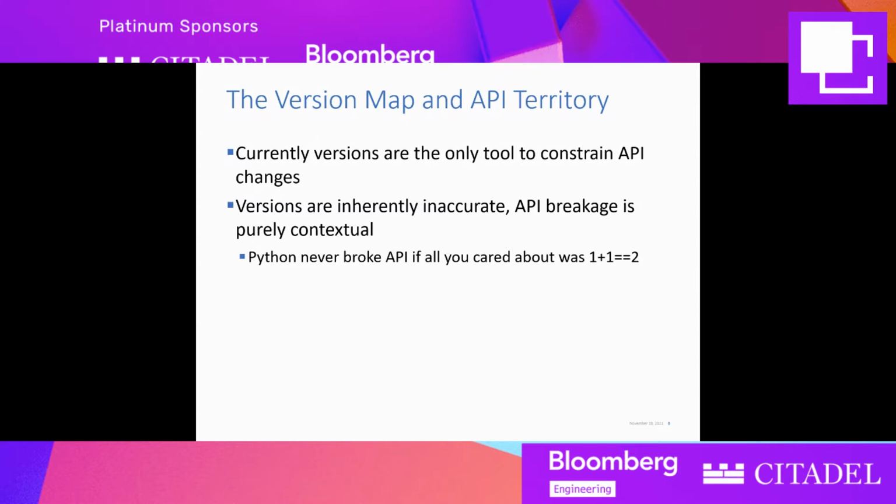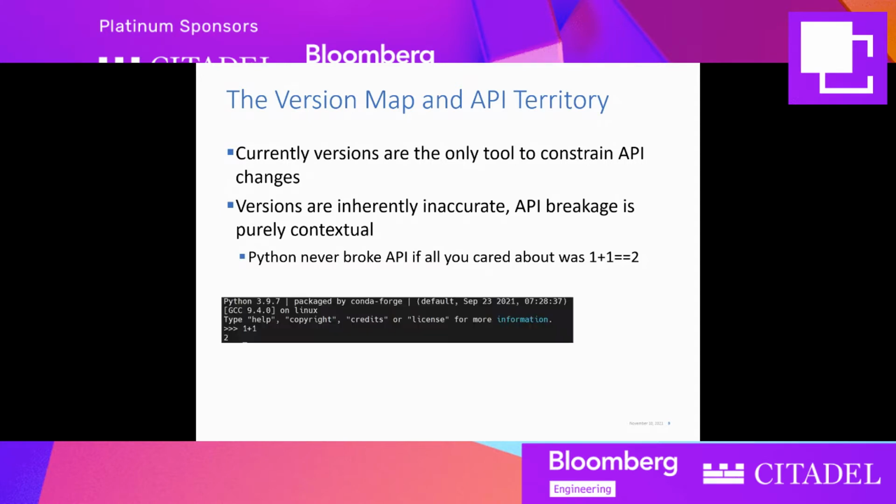Many people in the Python community remember the pain that was the Python 2 to 3 migration with its API and ABI changes, and it was just really rough. But if all you ever cared about was that 1 + 1 = 2, and you wanted to use Python to check it, you're actually doing really great. As expected, Python 3.9 does know that 1 + 1 in fact equals 2, which hopefully doesn't come as a shock to any of the data scientists out there doing numerical work.